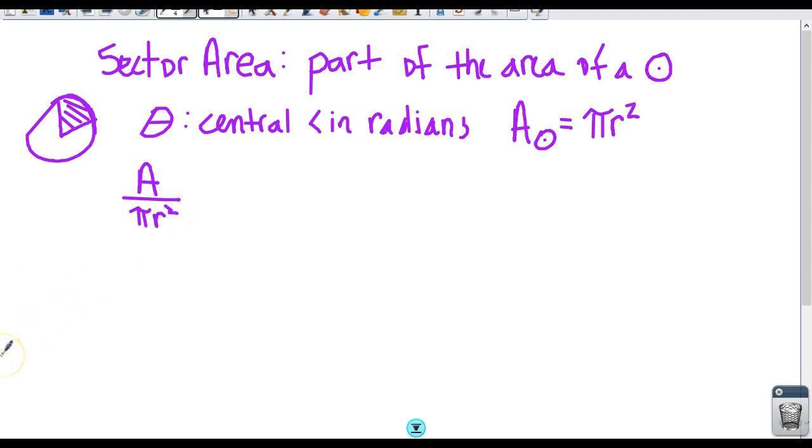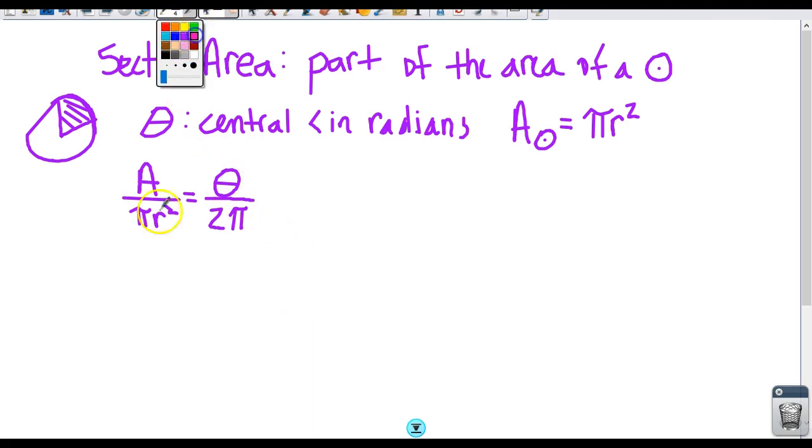Just like on the other one, for arc length, I have to know how much of the entire rotation I'm taking up for this part right here. So this is theta over what's an entire rotation in radians? 2 pi. Okay. So I'm trying to get the area of a sector. I need to get that A by itself. So I'm going to multiply both sides by what?